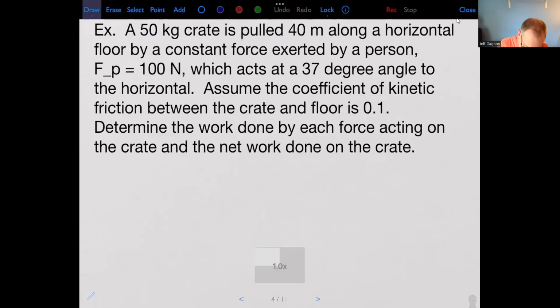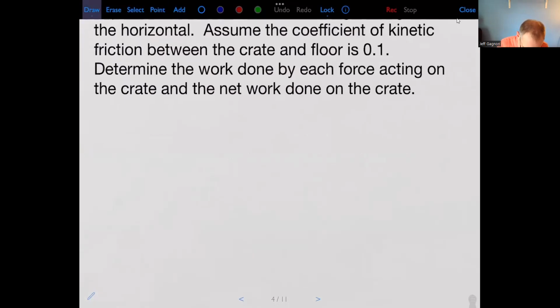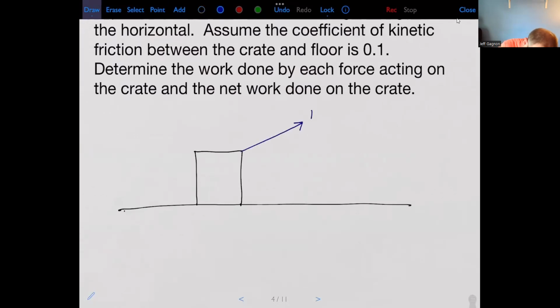So here's my floor. Here's the crate. I have the force that the person exerts, so I'll call it FP, at an angle of 37 degrees. And I know the magnitude of FP is 100 newtons, right?